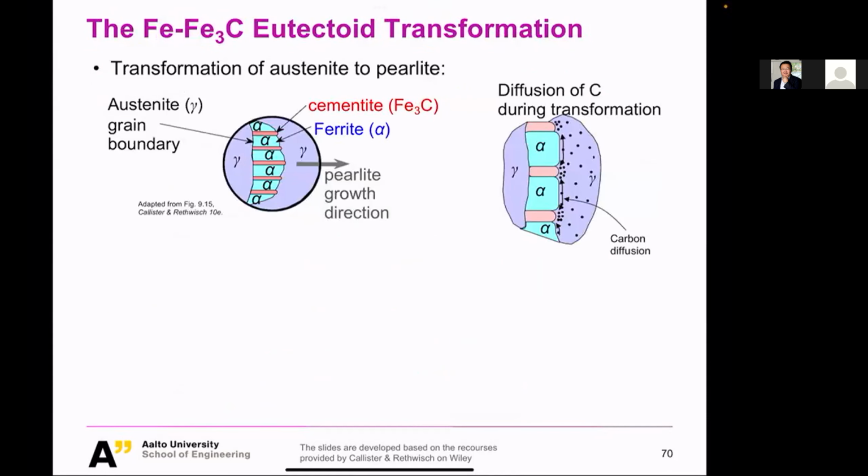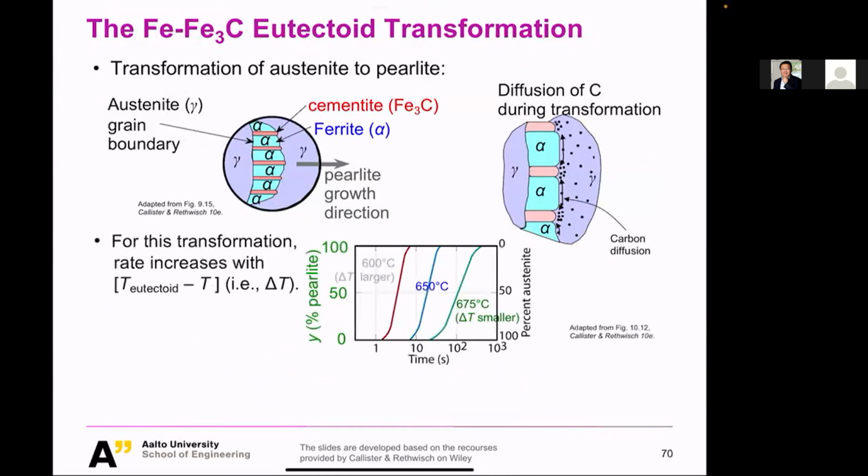When we do some undercooling, your pearlite will be growing, so this is your pearlite. So alpha and cementite will be growing in one direction. Here you can see how the carbon atoms are moving as they get clustered at the cementite, and that will leave the space to become ferrite.